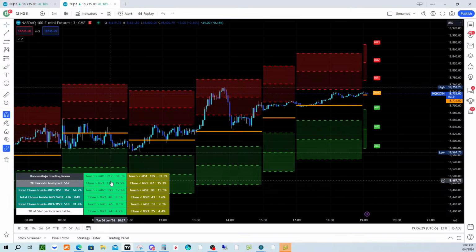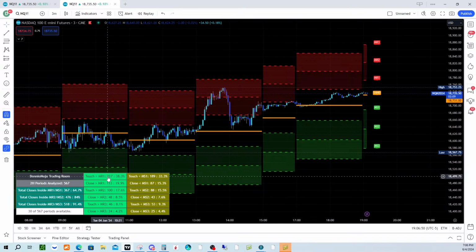What we have in the statistics categories is a touch greater than MR1. Then we have a close greater than MR1.